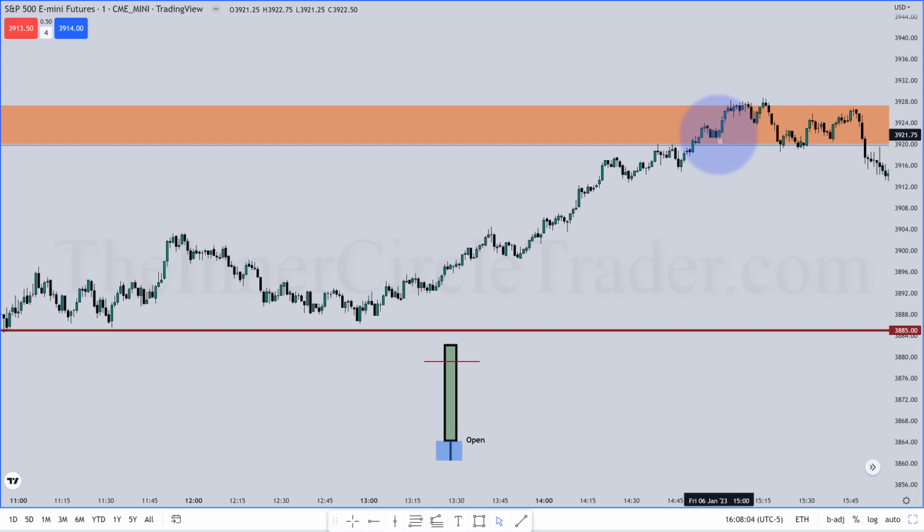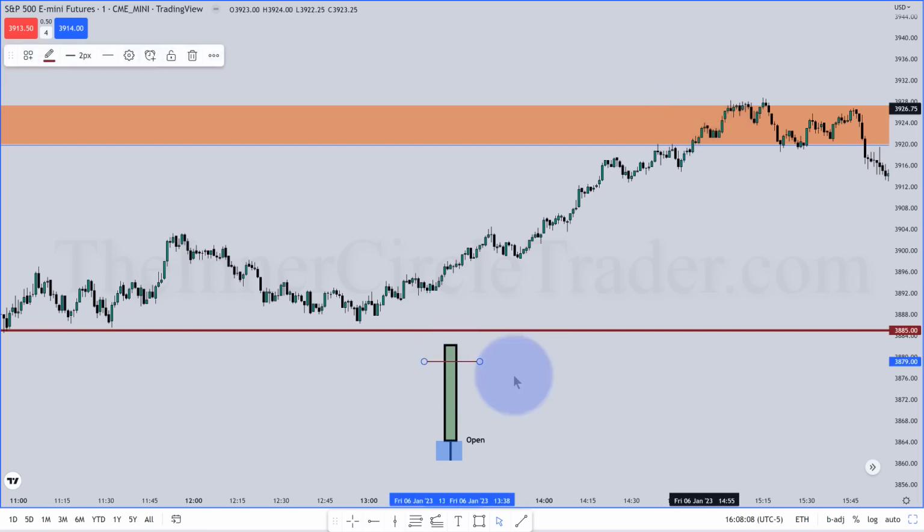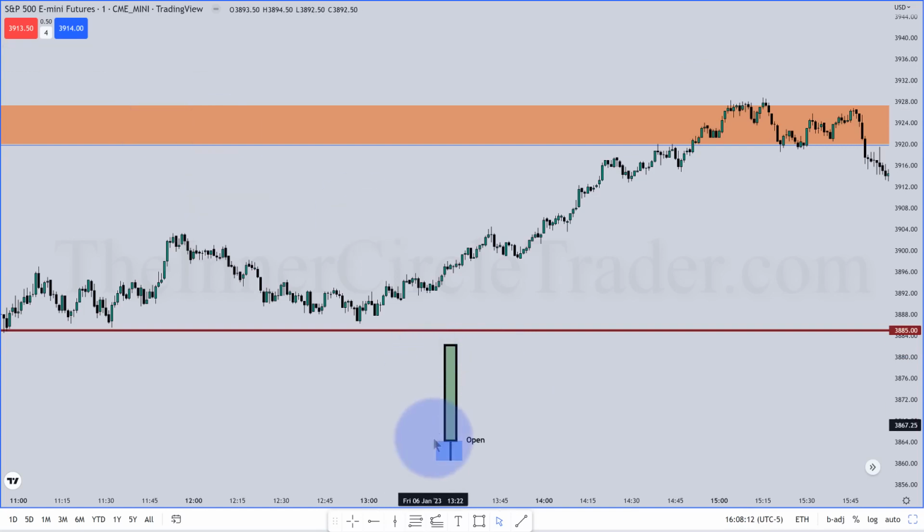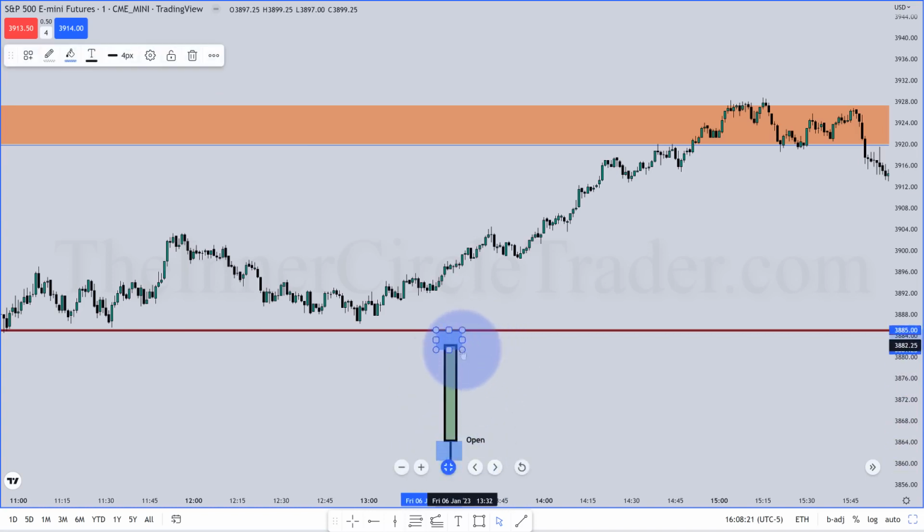So if your target happened to be this daily volume imbalance, that could look like something like this.